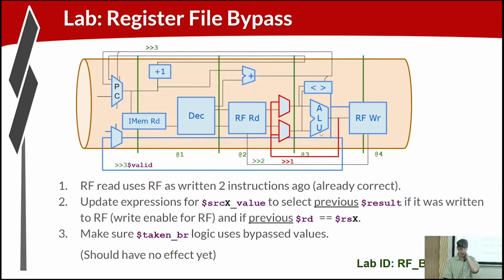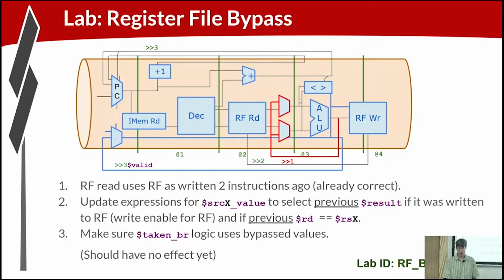And then third is just a note. If you follow these instructions literally, this is fine, but I actually had a bug in the first version of this course where the values feeding into the branch comparison were before the MUX instead of after the MUX. This calculation has to consider the bypassed registers as well to make sure that the branch comparisons are based on the right register values.